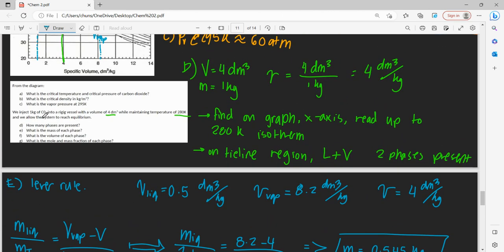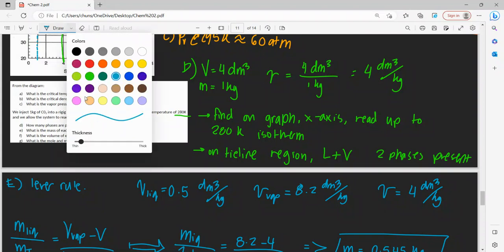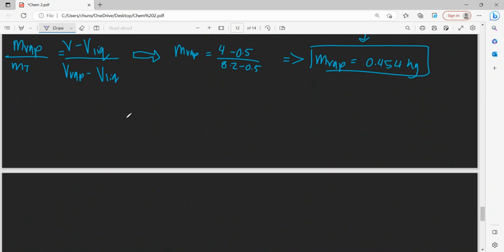Okay, so that is part E done. What is the volume of each phase? How would we find that? To solve part F, it's important to know how we got specific volume to start off with.